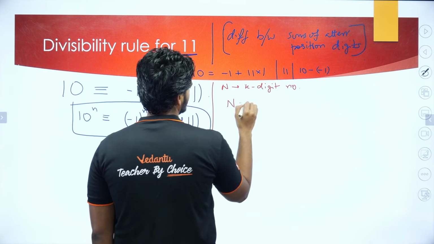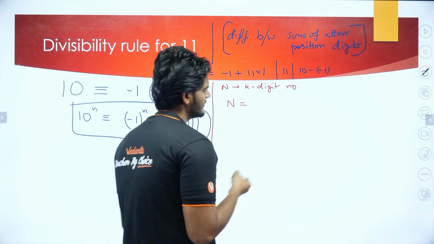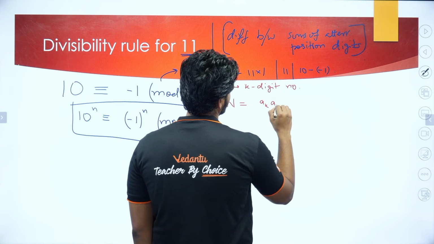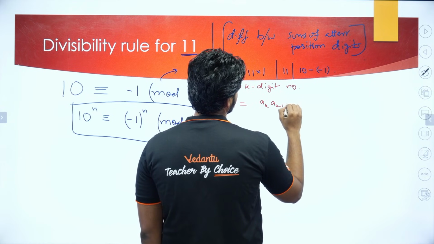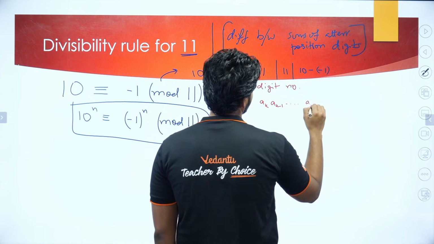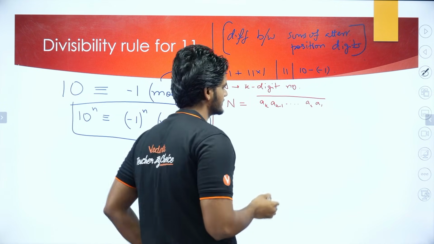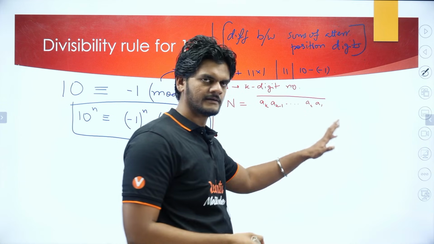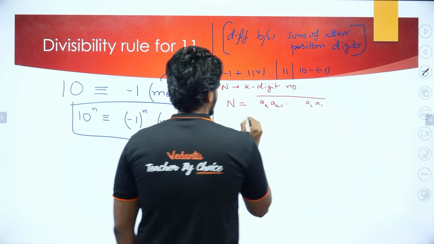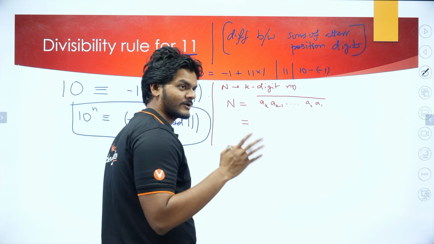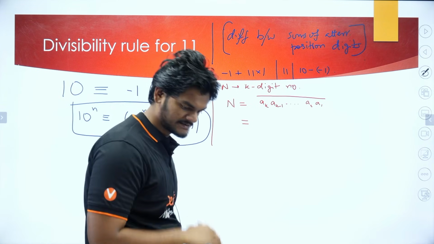I'll write n as a_k, a_(k-1), up to a_2 and a_1, like this. These are the digits. But writing it actually in base 10, again we'll also talk about number bases. That's a very interesting concept.